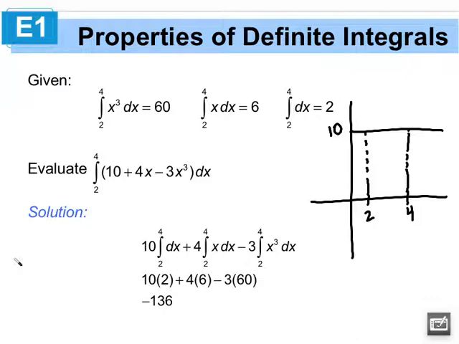What's the area of this rectangle? Delta x is 2, the height is 10, 2 times 10, 20. That's the easy one. Now, what's the graph of x look like? What kind of line? Yeah, that line, right, the 45-degree line.